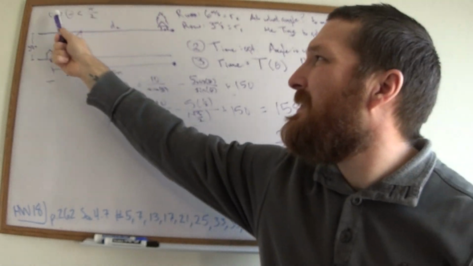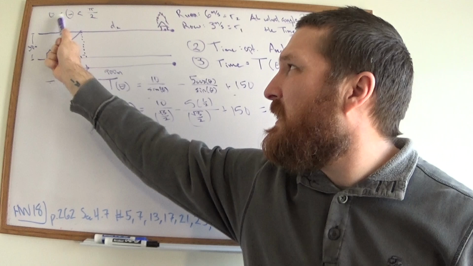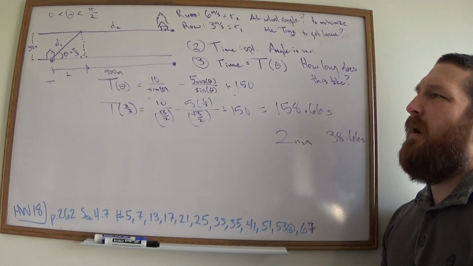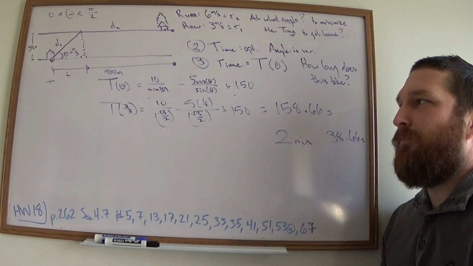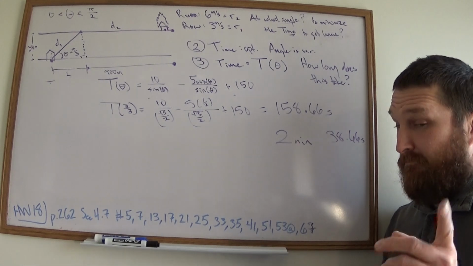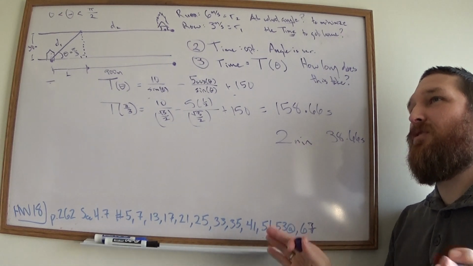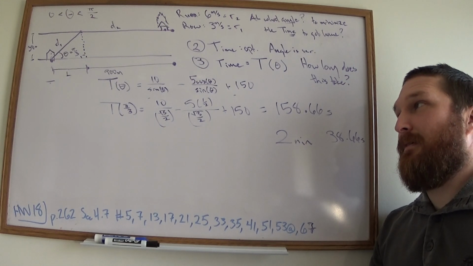So it makes sense that we got something, pi over 3, that is in the domain that we're looking for. But how can we be sure that it is indeed a minimum? If we graphed it, that's one way of doing it. But what's a way that you could do it just analytically right here on the board, if you wanted to know whether it's a min or a max?